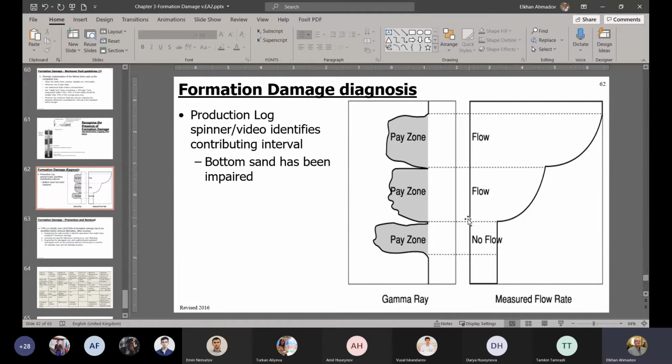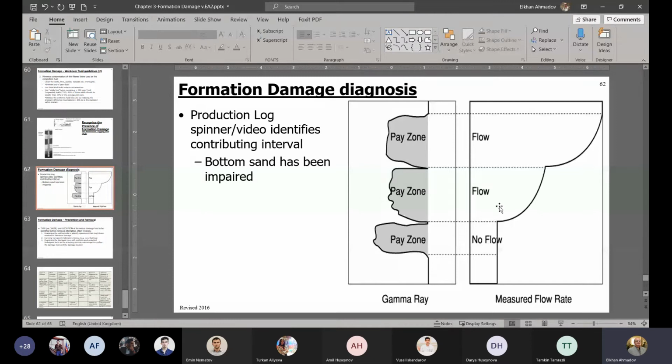And it should increase, because now there is flow from this zone, and it is increasing, as you can see, not suddenly, but as it goes through the flowing zone. When it is here, it is only seeing the flow from a smaller part.